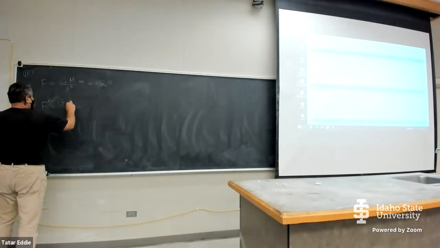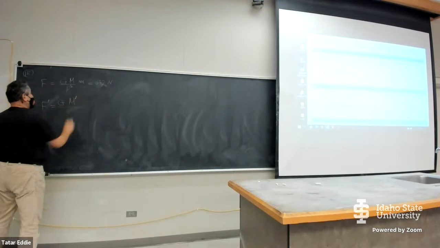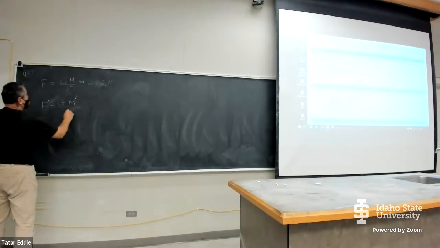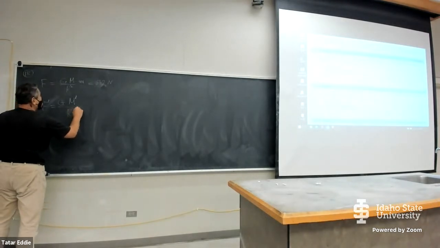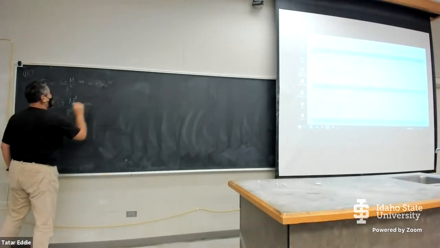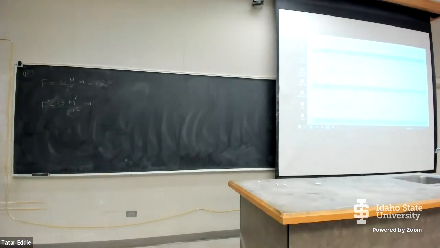But now you're going to have a different mass of the planet, M prime. You're going to have a different radius, R prime, which you have to square. But the mass of the traveler is the same. So they're asking, what is the value of this expression?